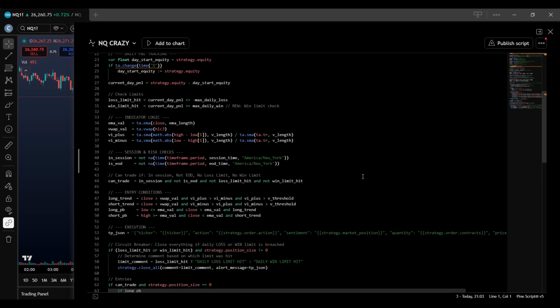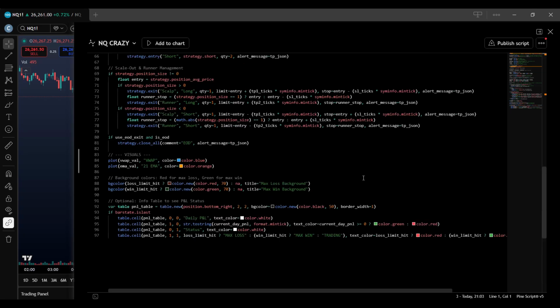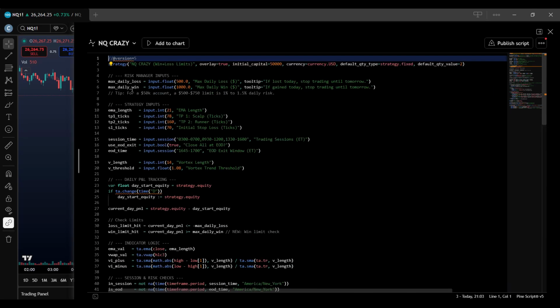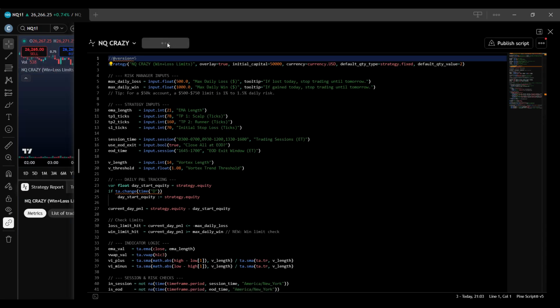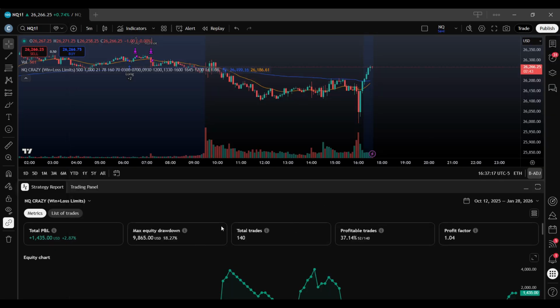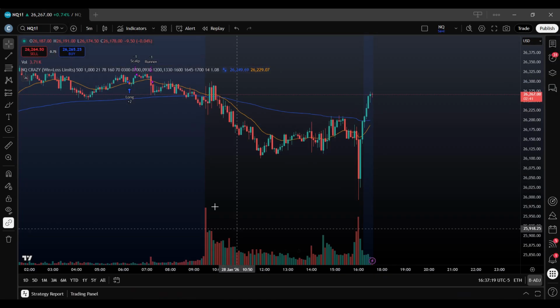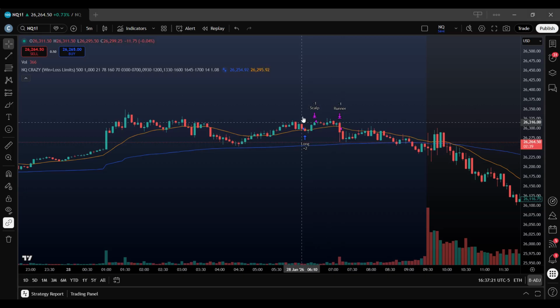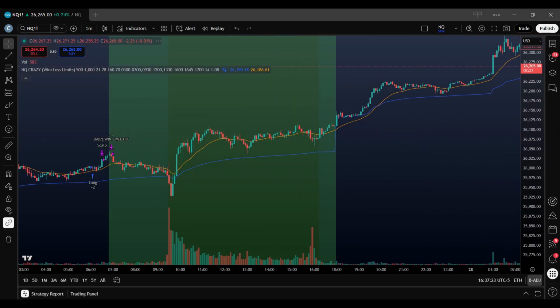So once you've copied the script in, there's the script. I'm not going to tell you about the strategy just yet, but there it is. And then you're going to add it to the chart. Your back testing will come up and there'll be entries on the chart.